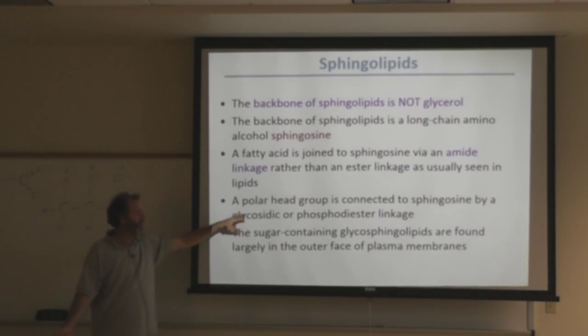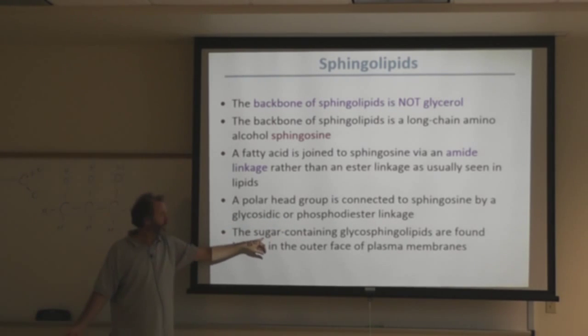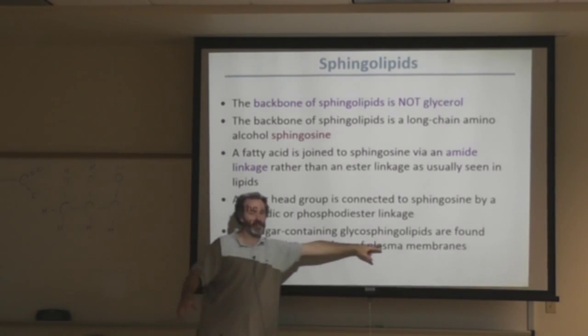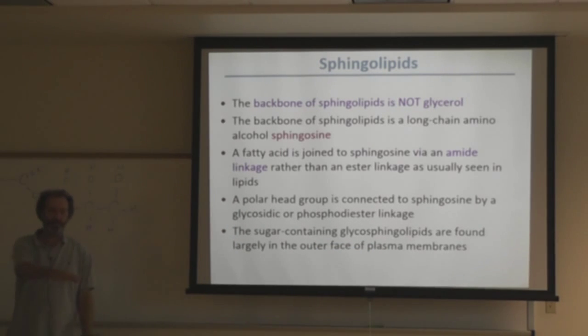The polar head group is connected to sphingosine by a glycosidic or phosphodiester linkage. And the sugar-containing glycosphingolipids are found largely on the outer face of plasma membranes. So you have these plasma membranes with a bunch of sugars attached to them.